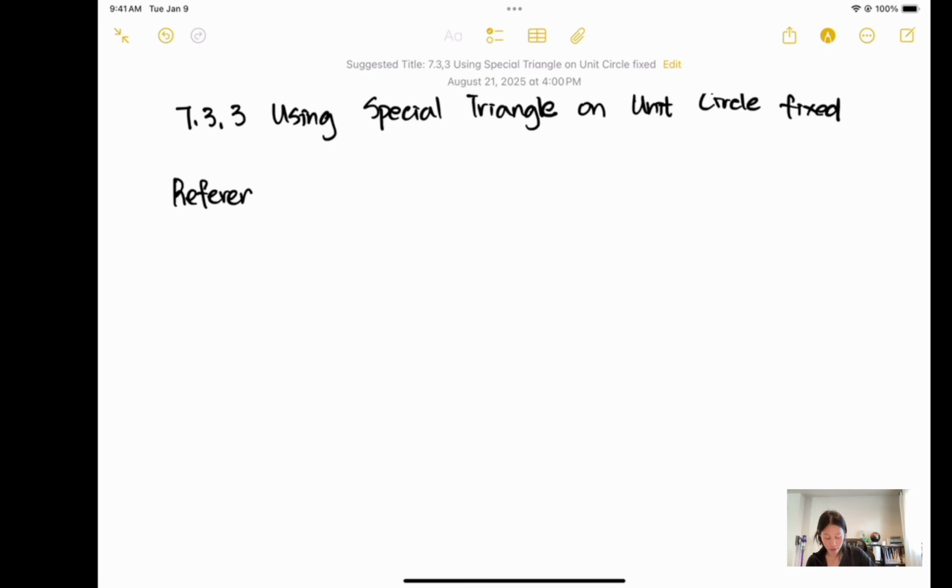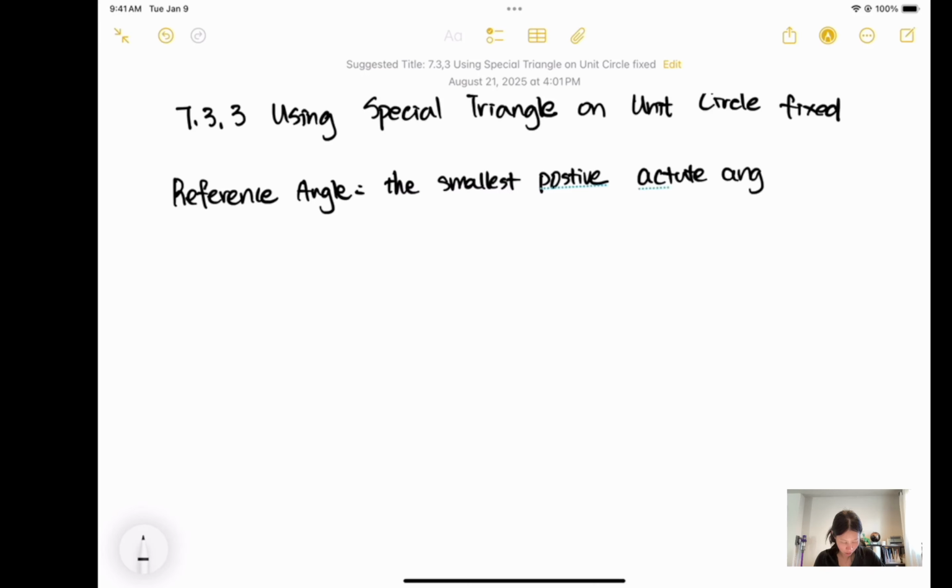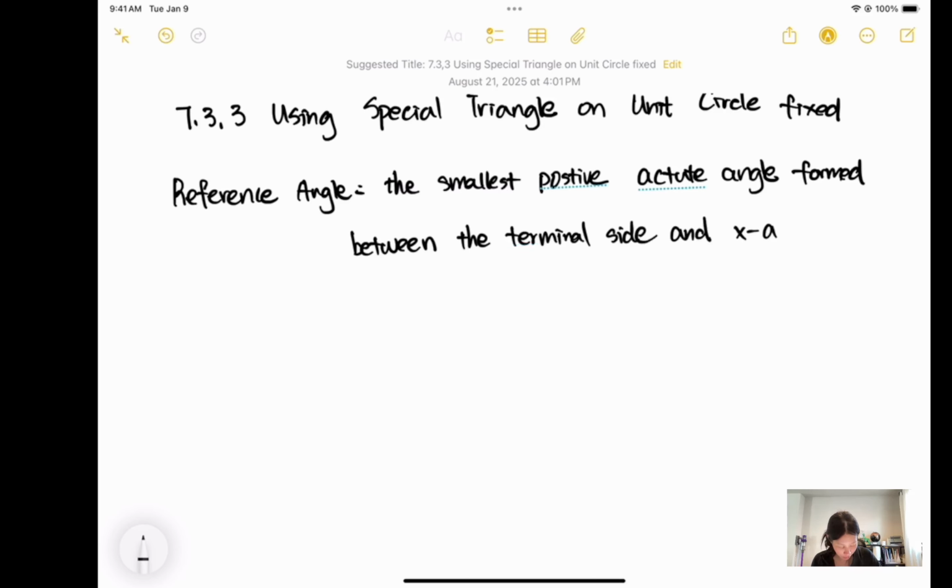A reference angle is the smallest positive acute angle formed between the terminal side and the x-axis.